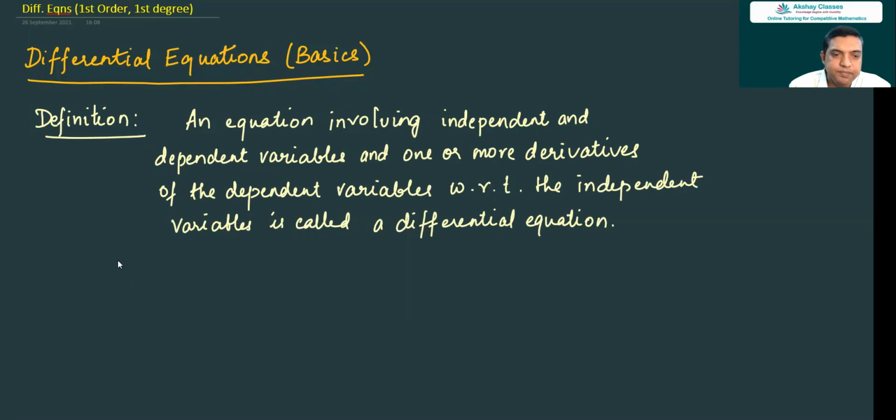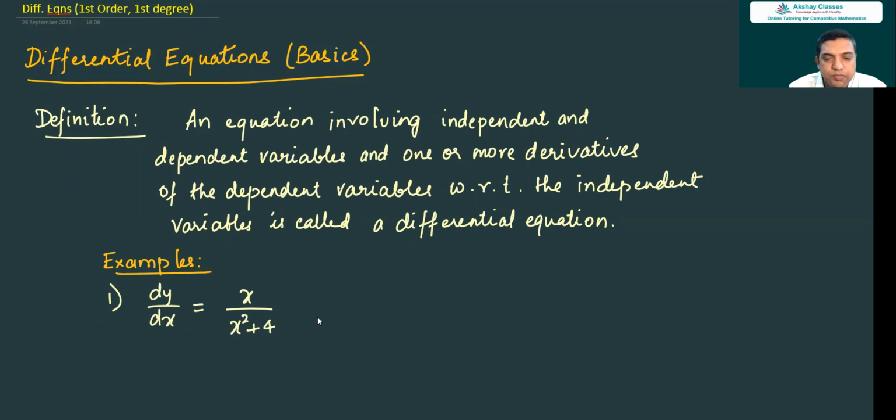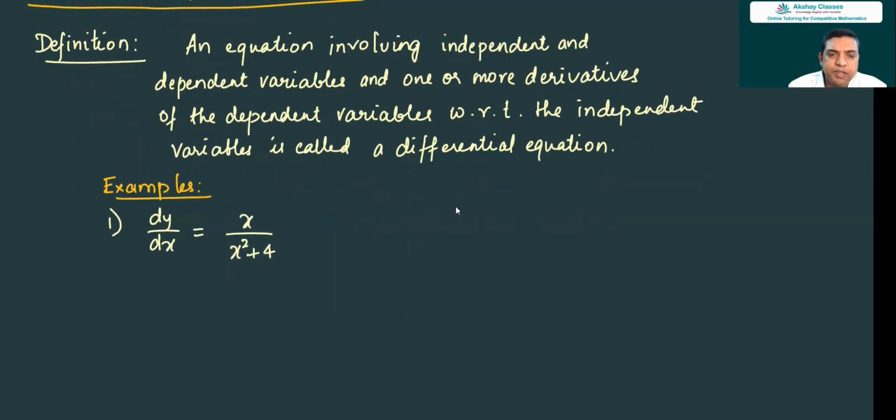Examples. So first, let's say dy by dx is equal to x by x square plus 4. So this is a simple differential equation.